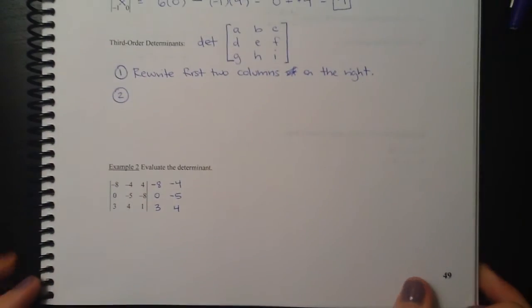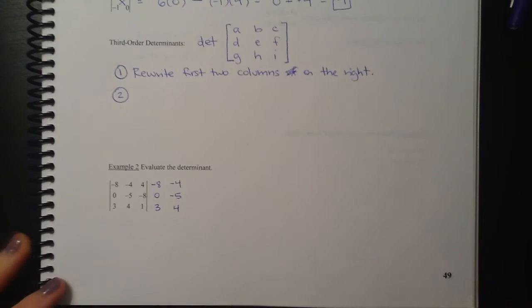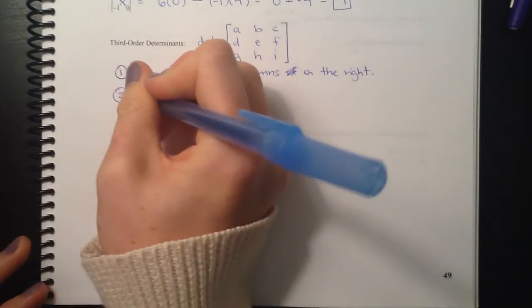Okay, so step 2. What we do in step 2 is we draw diagonals starting with the upper left corner.